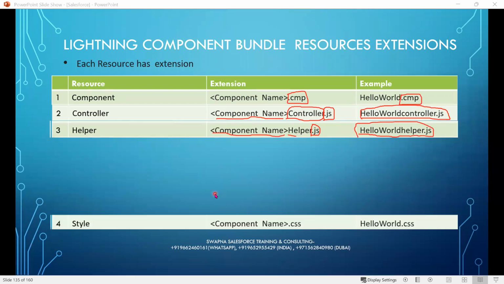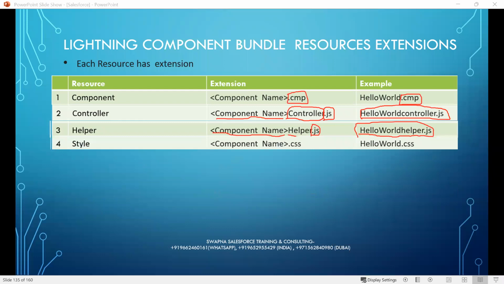The fourth one is style. The extension for style is dot css, and it has the component name dot css. For example, helloWorld dot css. CSS is the extension for style.